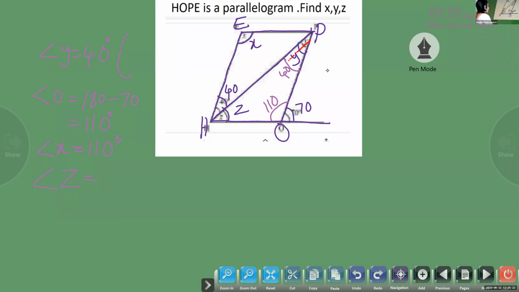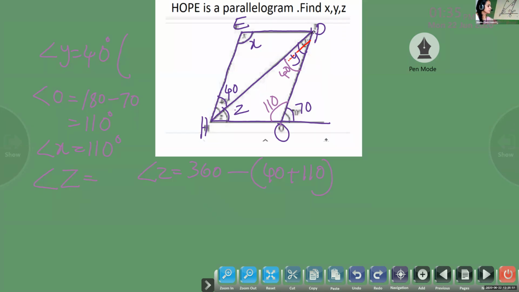Ma'am, 360 minus 40 plus 110. Because these three angles form triangle HOP. Sum of angles of a triangle is 360, Ashmit.